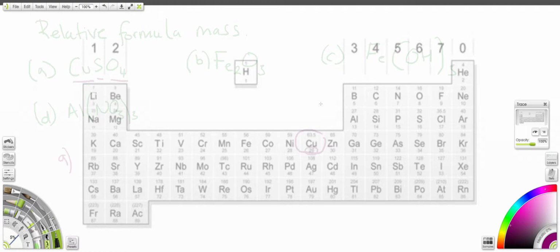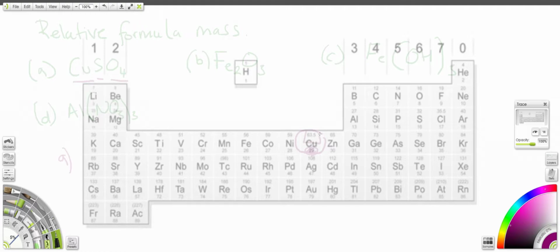In the case of Cu, I believe it's 40. Sorry, it's not the bottom number. It's the mass number, which is the top number. Okay, so I need to go to my periodic table. It's not very clear on that periodic table, so I'm going to find this periodic table here. And Cu is 63.5, sorry.